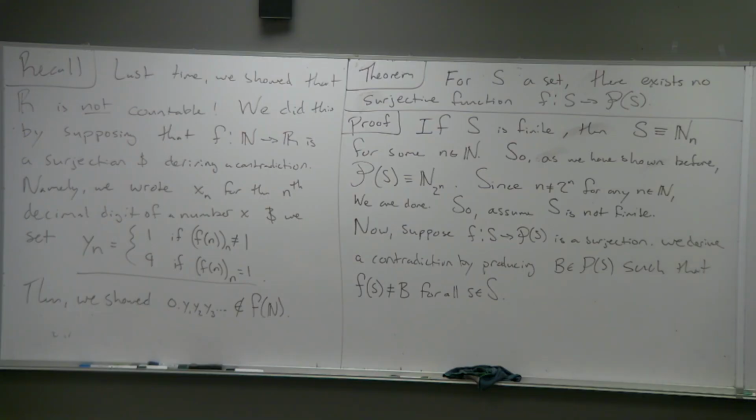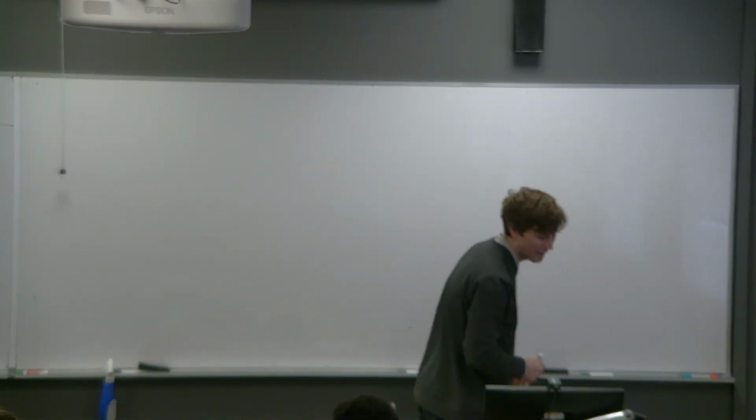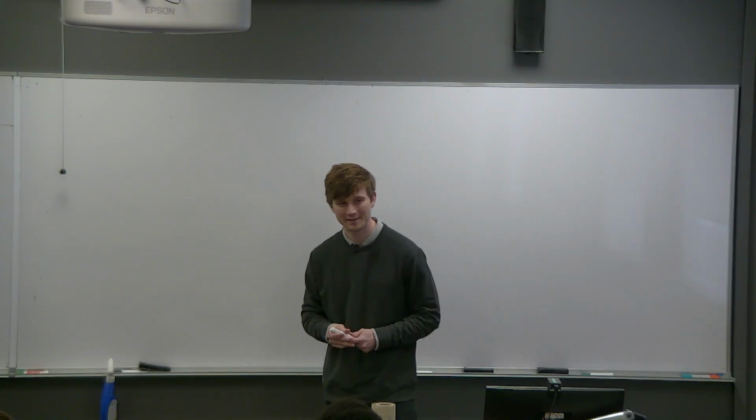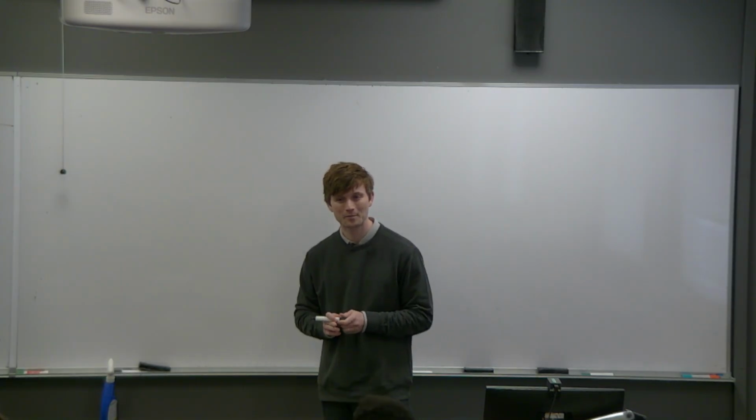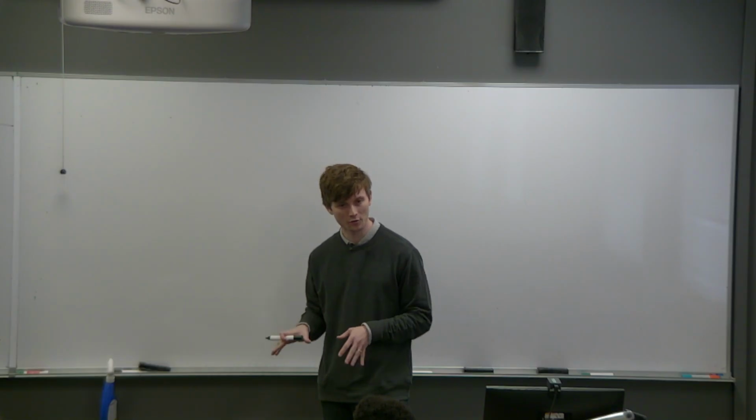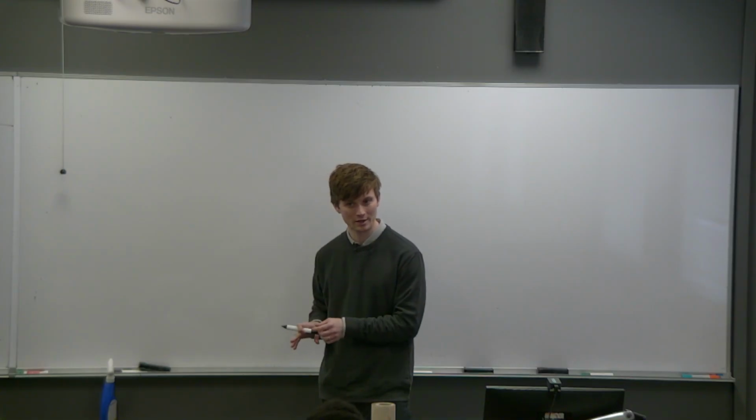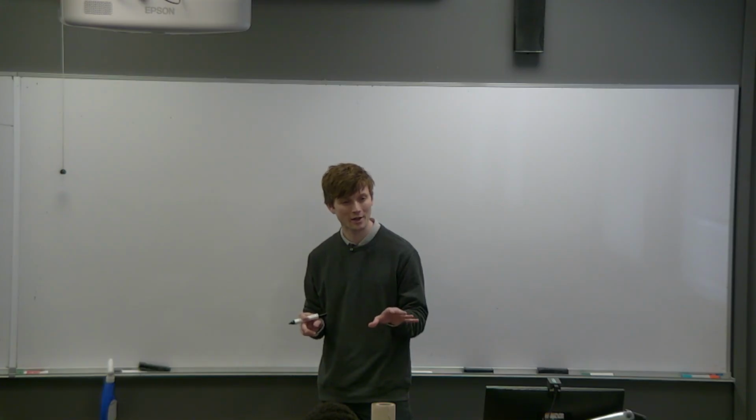I'm going to go to the next board so that we have some room to write and sketch some ideas. When we did this before, what was the trick? We found one decimal digit in each number where our thing would disagree, right? So let's write it down.